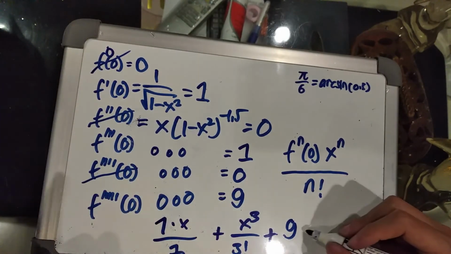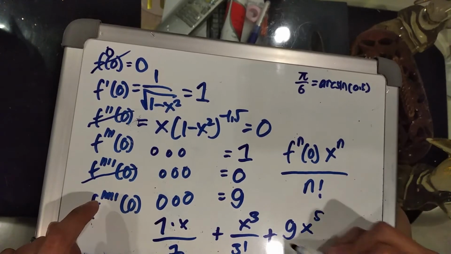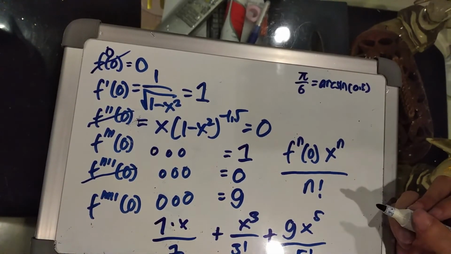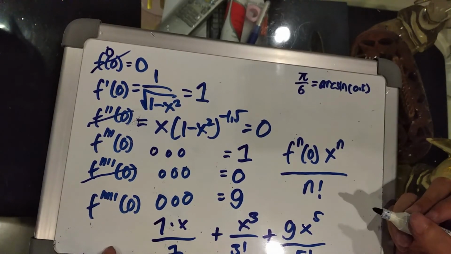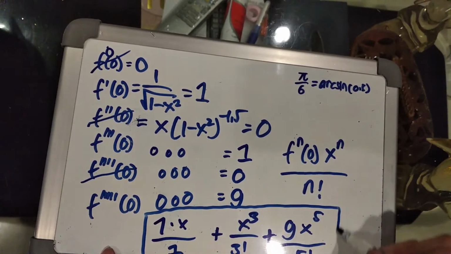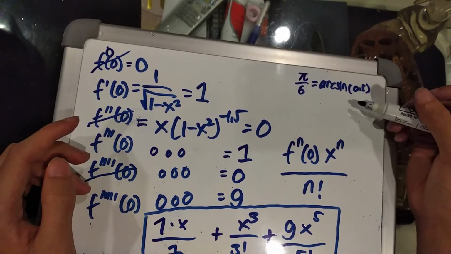The x exponent over there will be the same as the derivative, which is 5. Similarly, the bottom will also be 5 factorial. And there we have it. This is the Taylor series approximation for our value of arc sine.